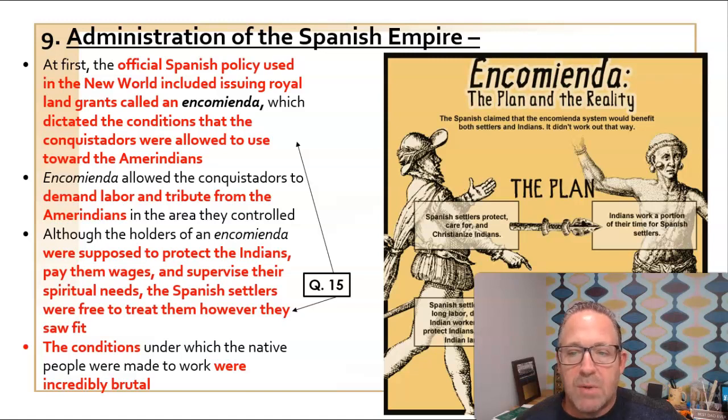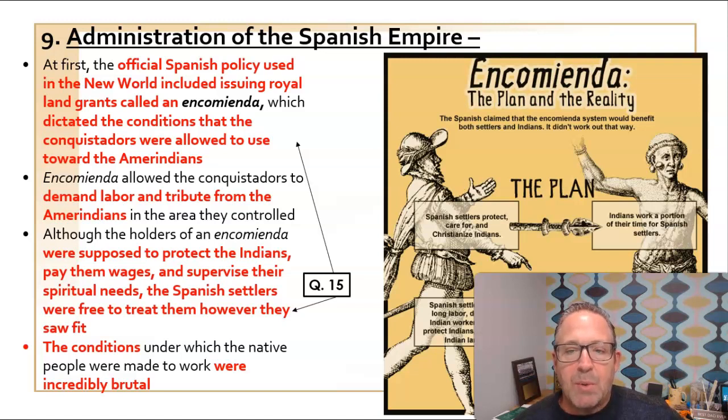It also granted them permission to compel the Amerindians to work for them, okay? Now, it was not a system of legalized slavery, although it probably could have been. That was strictly forbidden by the Catholic Church and the Pope.